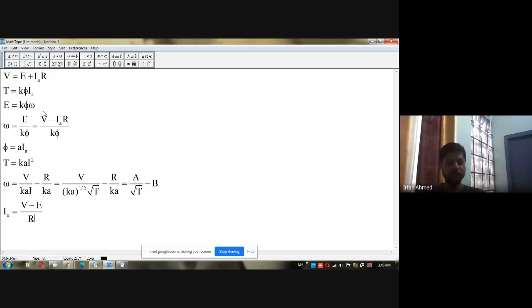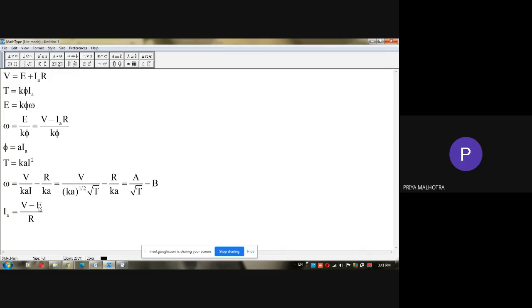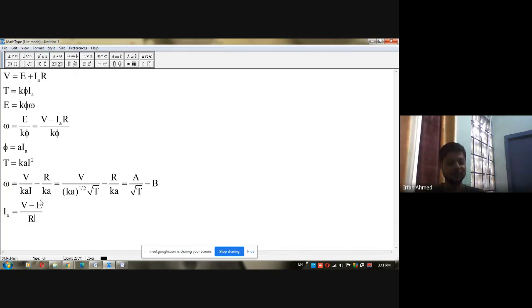So E is almost constant in a DC series motor, and you cannot make E greater than V. Clear? Hence regenerative braking is not possible in a DC series motor.